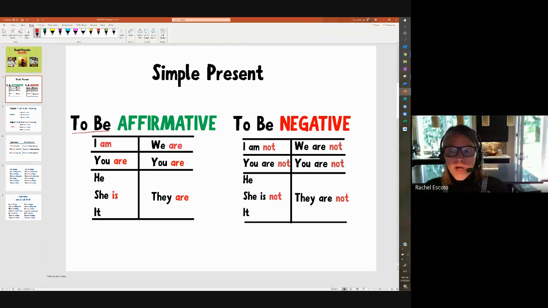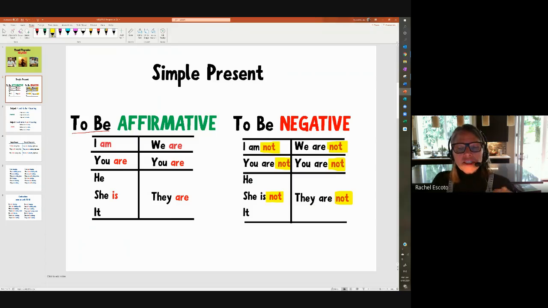And then we know for the negative, we use the same conjugation, I am, you are, etc., and we just add not on the end. So we get I am not, you are not, he is not, she is not, it is not, we are not, you are not, they are not.